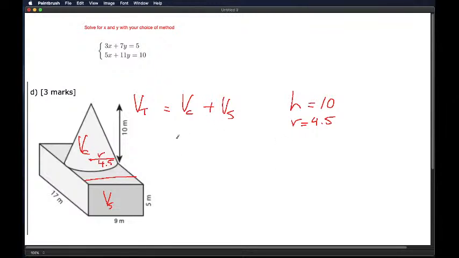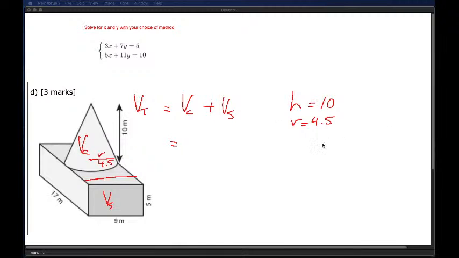Now what we need to do is find the volume of the cone. We figured that out earlier on, right? What was the formula for the volume of the cone?